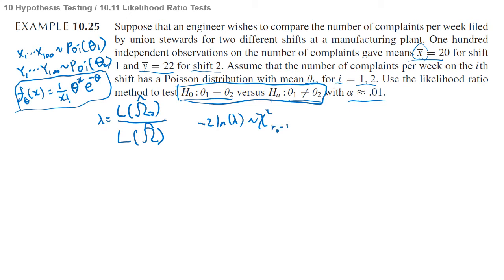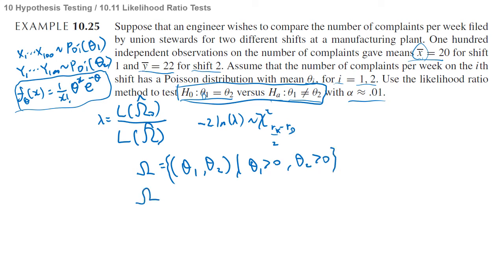Here we have two parameters. In the omega space, it is theta 1, theta 2, where theta 1 is greater than 0 and theta 2 is greater than 0.